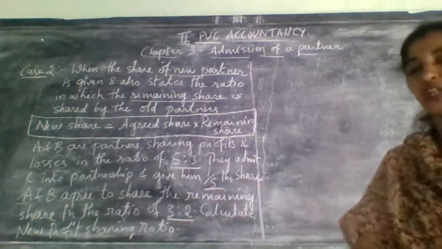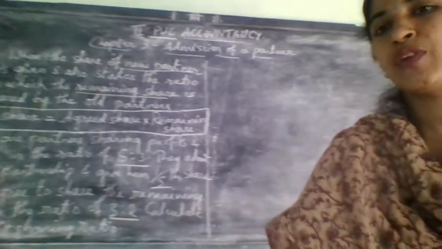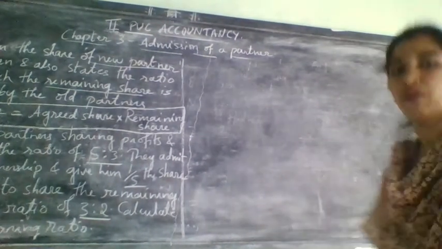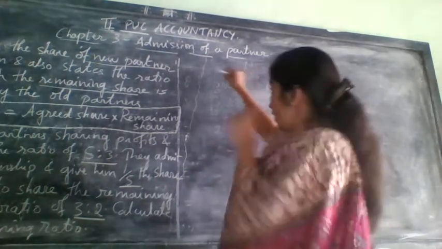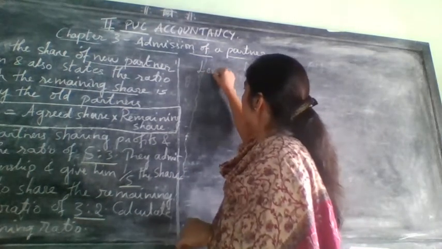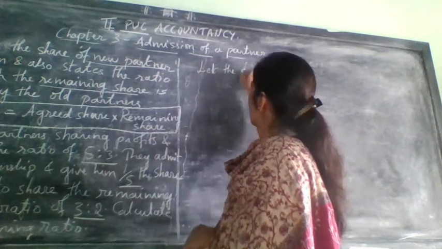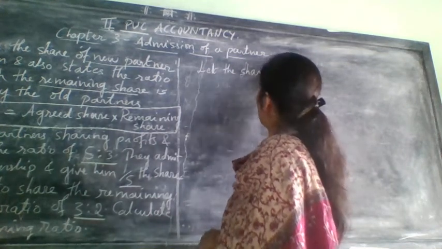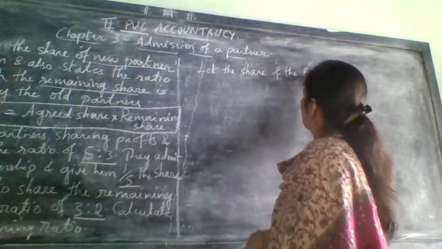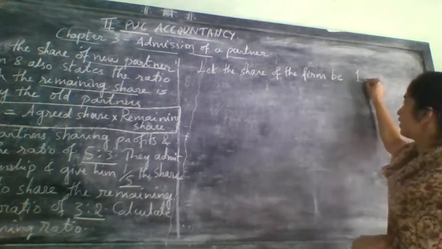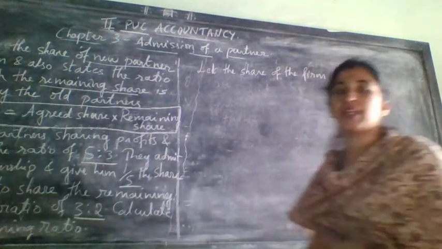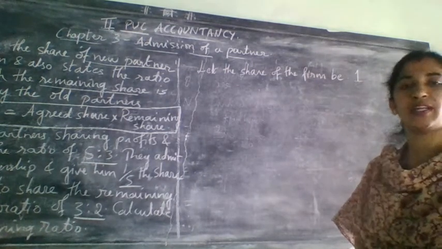First step, what do we need to do? We need to write the formula. Before writing the formula, what do we need to consider here? First, let the share of the firm be 1, correct? In that we need to find the remaining share. How will we find the remaining share?